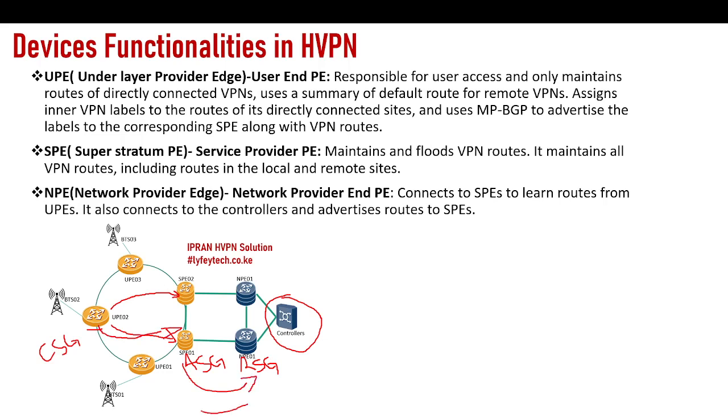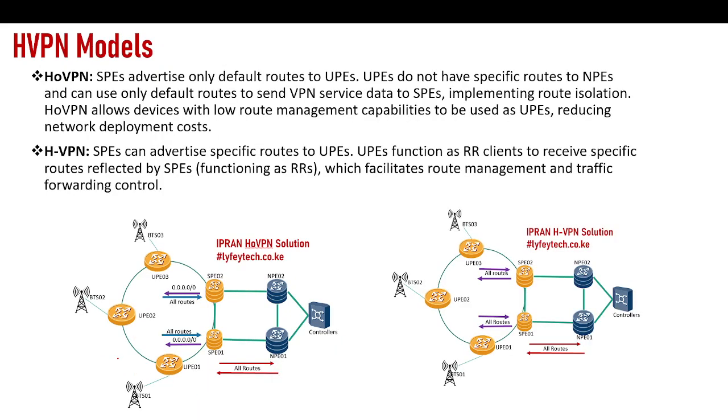Any route coming from the NPE will come to the SPE, then the SPE will be in charge of advertising the route to the UPE, depending on the architecture that we are using. So these are the three key elements, three important devices in the HVPN solution for the IPRAN network.